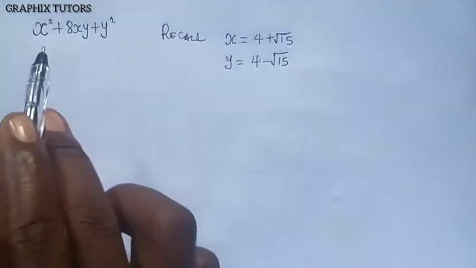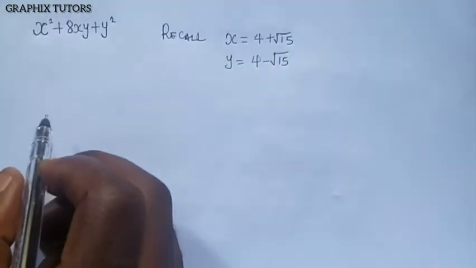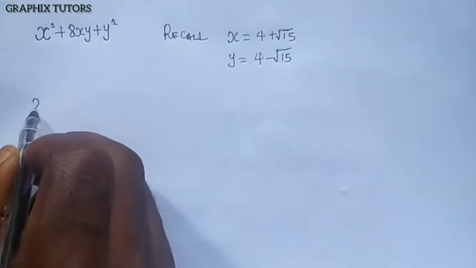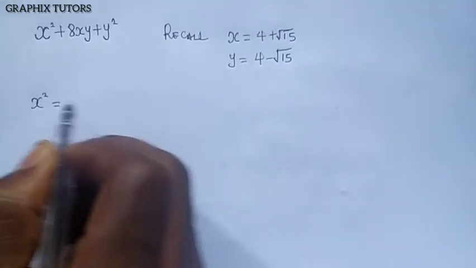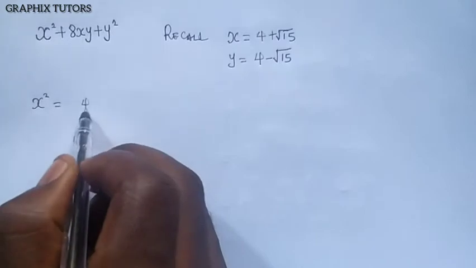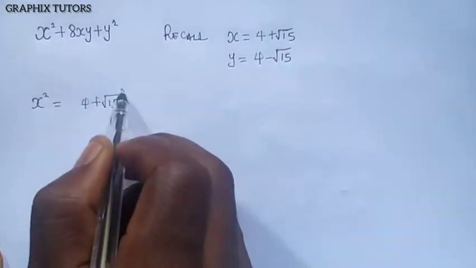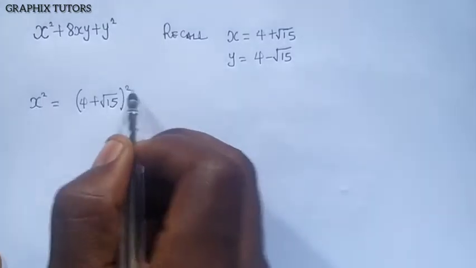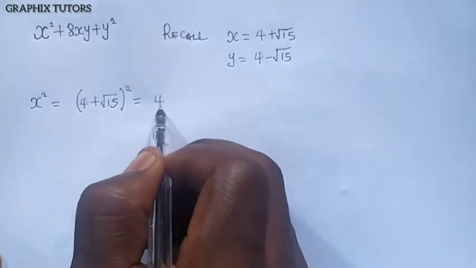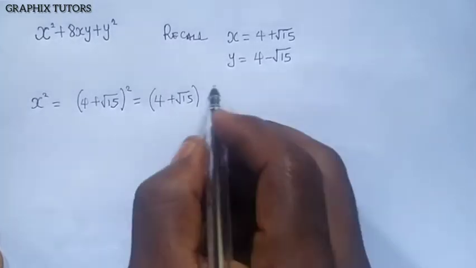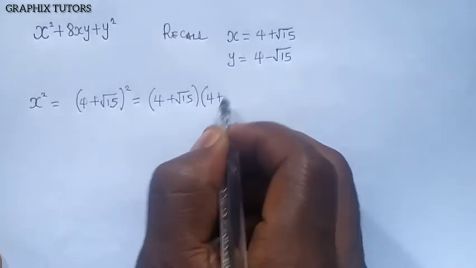So let's first consider x squared. What is x? 4 plus root 15, right? When you square it, it simply means 4 plus root 15 times 4 plus root 15.